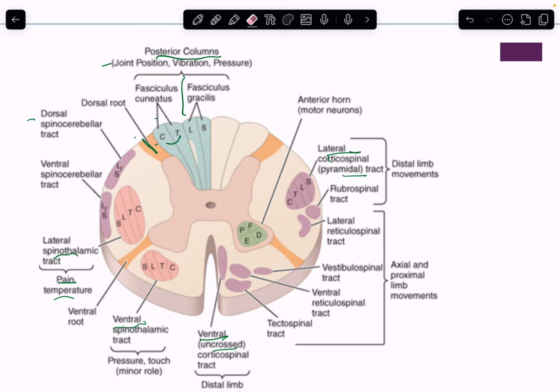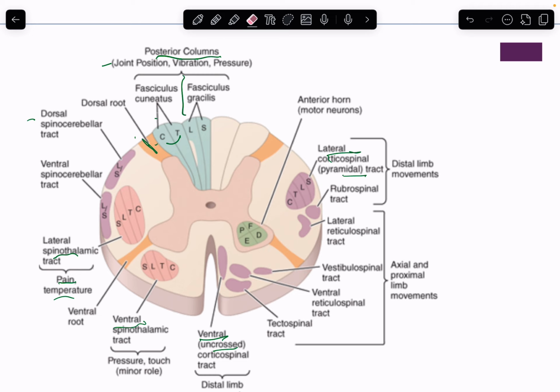That's why it's called spinocerebellar, where it is used for coordinating balance, posture, and fine-tuning voluntary movements. Both tracts are essential for unconscious proprioception but have distinct routes and characteristics.